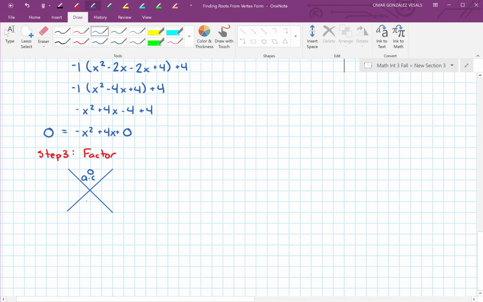And on the bottom, it's just B, which is what? I need numbers that are going to multiply to 0 and add up to 4. 0 and 4.